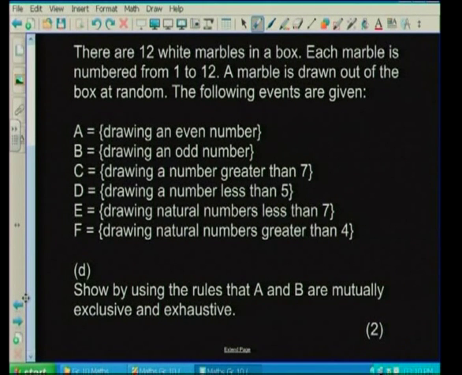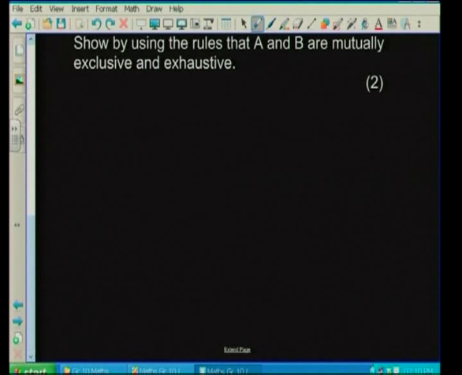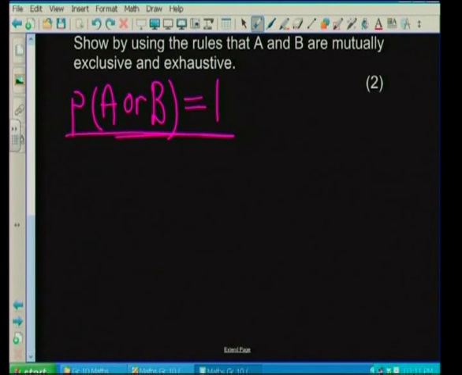Right, so let's have a look at how we're going to do that. I'm just going to extend our page here. Firstly, I can say that the probability of A or B is equal to 1, right? So probability of A plus the probability of B is equal to 1. And that is how I prove that my events are exhaustive. There is nothing else possible.